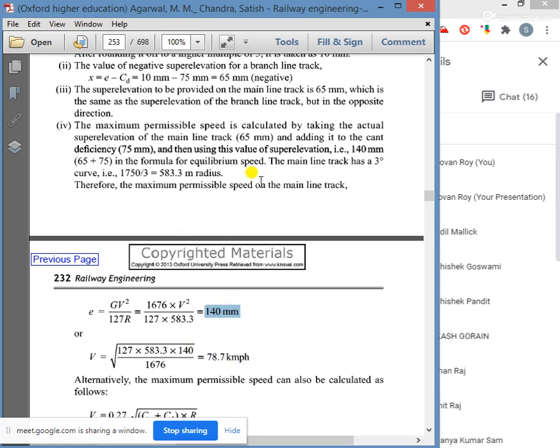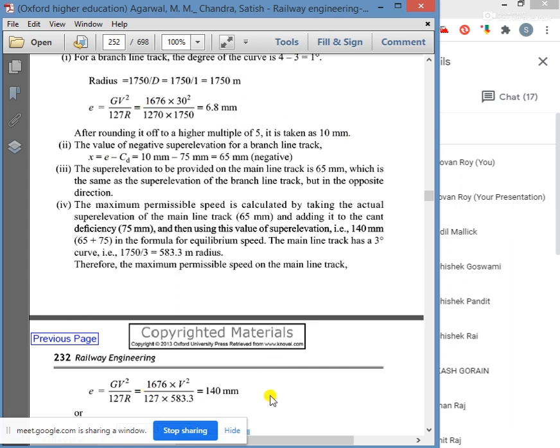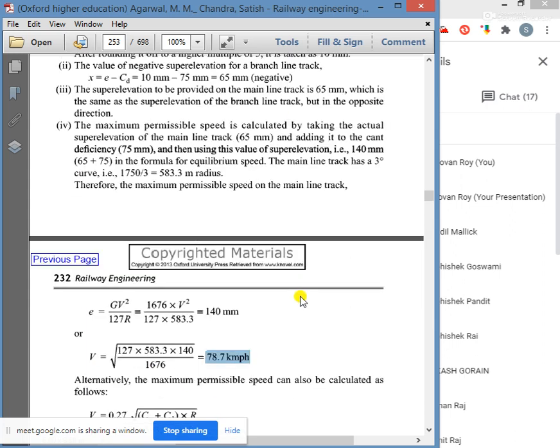Therefore, obviously, we are calculating the permissible speed on the main track by creating some cant deficiency. My superelevation on the main line is 65, but after adding the cant deficiency value of 75, I am taking 140 and calculating the speed of the vehicle. This is all about the negative superelevation.